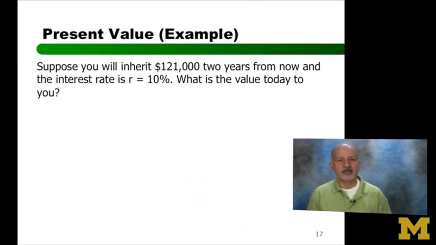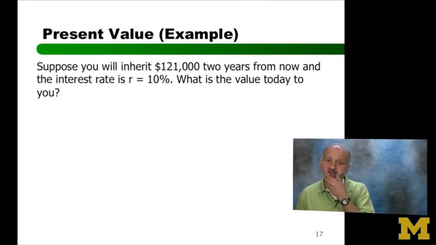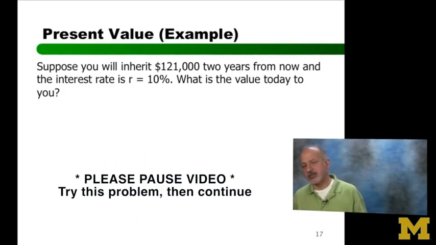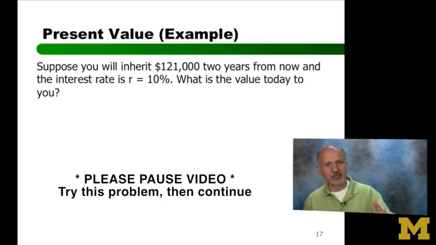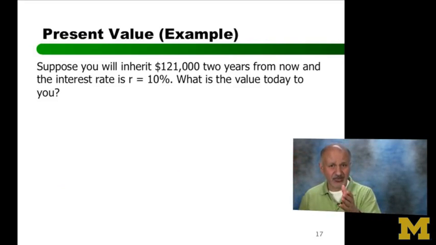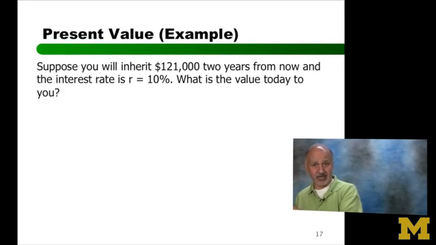Suppose you will inherit $121,000 2 years from now and the interest rate is 10%. How much does it mean to you today? In other words, ask yourself the following question. If you were to put $100,000 in the bank, how much would it become? 121,000. I'm giving you the answer already.